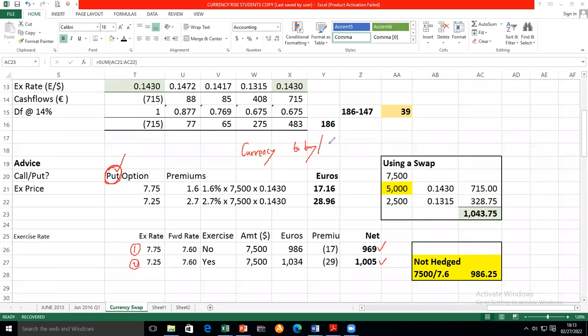To buy or sell what? This was an option to buy or sell dollars. And since we're going to have $7,500 million, we want to sell them. That is why we pick the put option, the right to sell.